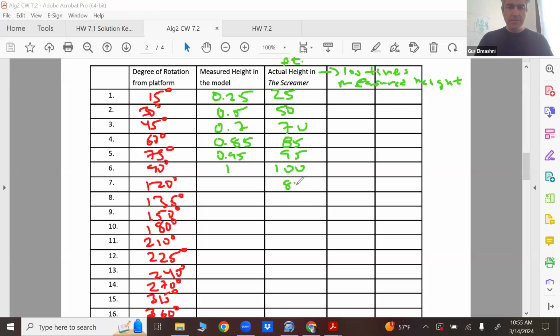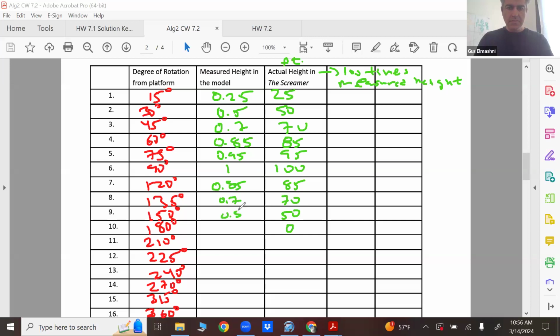Make sure the measure is from the top left. I'm measuring it from the top of this. Yeah, that's what you were getting.